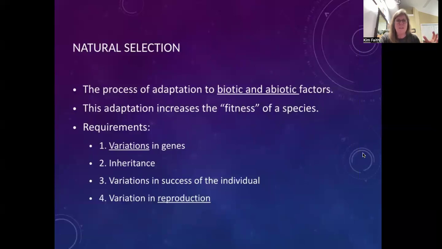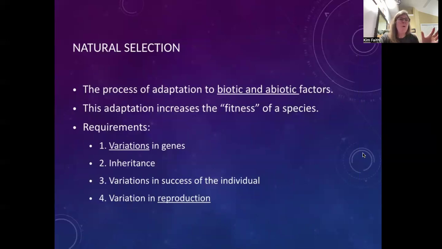So when we talk about survival of the fittest, those that are the most fit for that environment will be more successful. So in order for natural selection to work when we're talking about populations, you have to have variation in genes. Everyone in the population cannot be the same. You have to be able to inherit those differences. And there are variations in success for the individual.